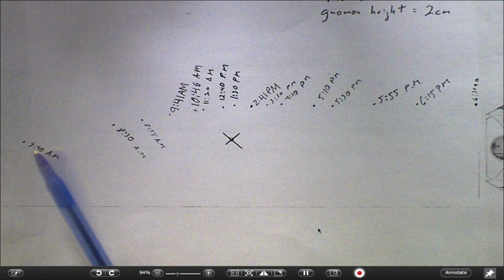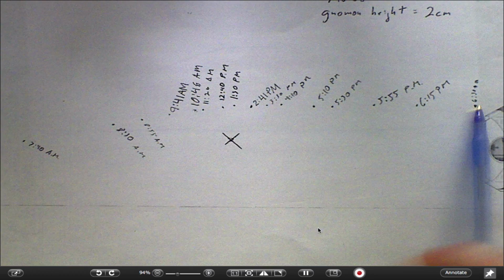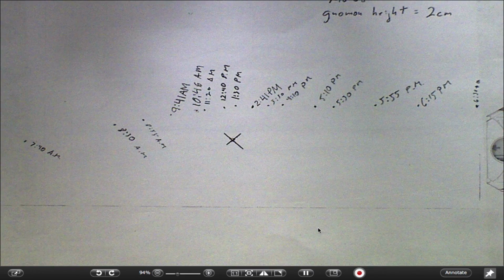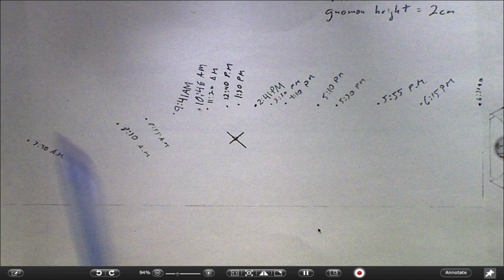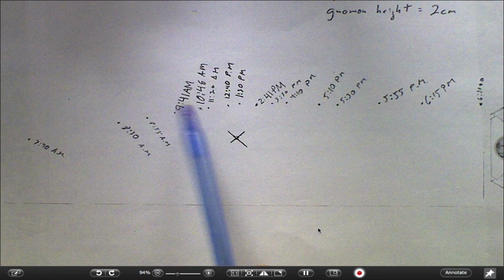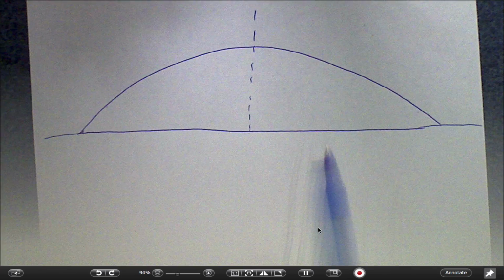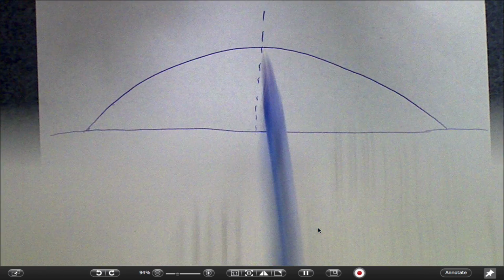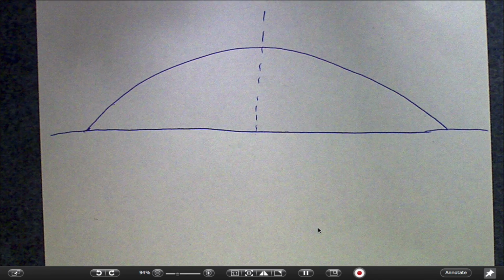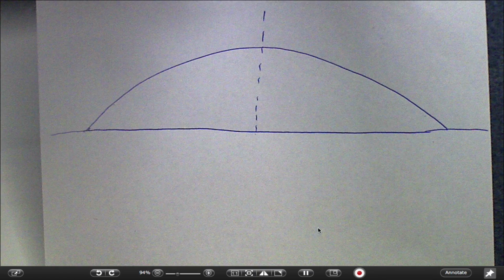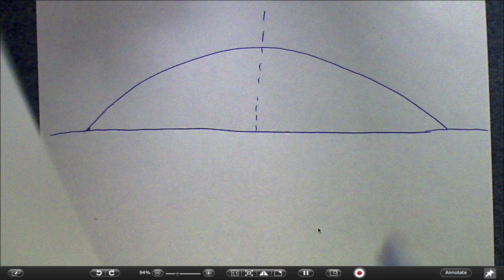At the beginning and the end of the day, our shadows are really long. And we know a long shadow means a low light source or a low sun. As we go through the morning, the sun gets higher and higher until it reaches a highest point during the day. And then all of a sudden, those shadows start getting longer and longer again.